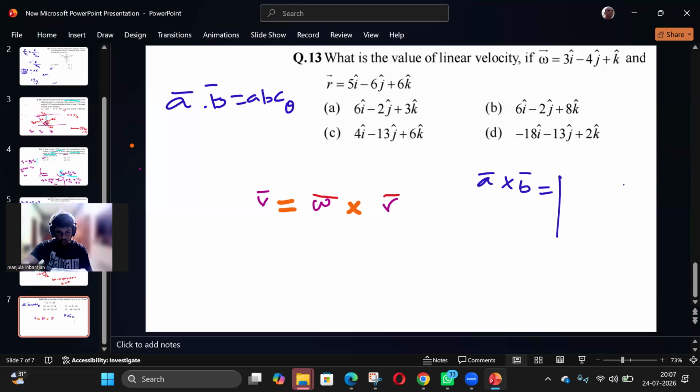That is written like this: I, J, K, A1, A2, A3, where A vector is A1 I cap, A2 J cap, A3 K cap, then B1, B2, B3. So use this in here.